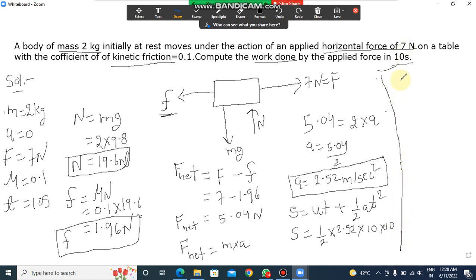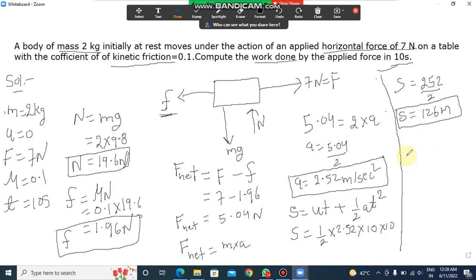So now S equals, when we calculate, 252 divided by 2. Now S equals 126 meter. So we have S now.